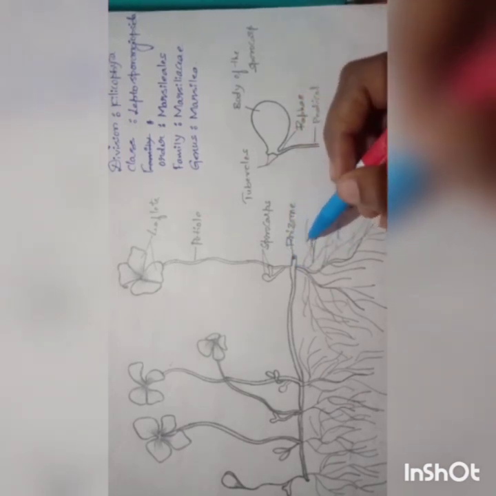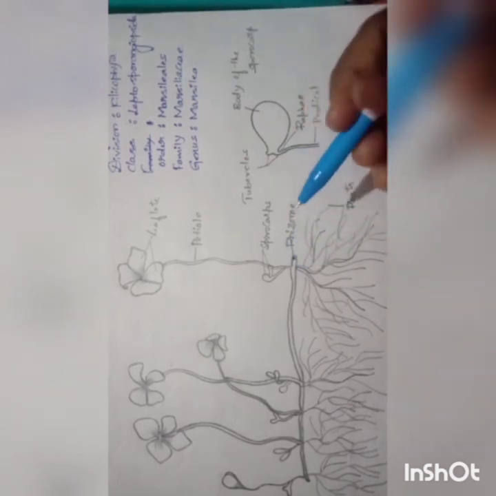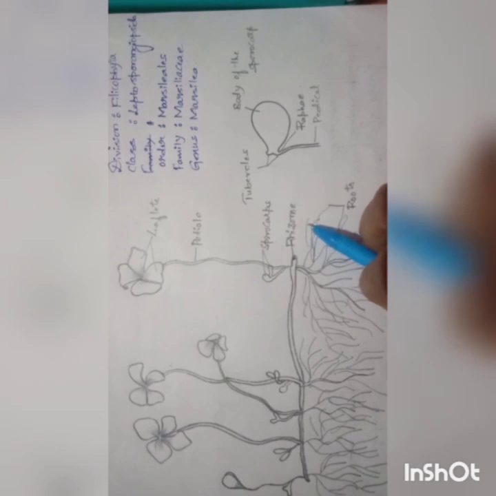This is not root, this is actually the stem. Rhizome is freely branched and is capable of indefinite growth. In some species, a single plant may cover an area of about 25 meters in diameter. It can creep throughout the area it can cover, 25 meters in diameter.